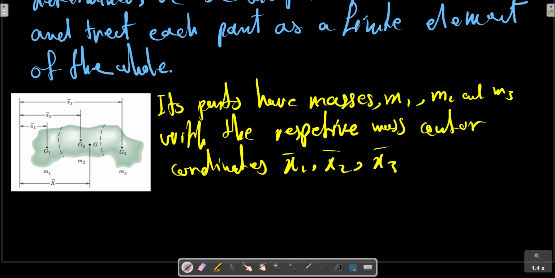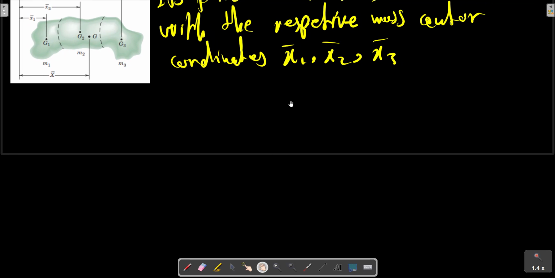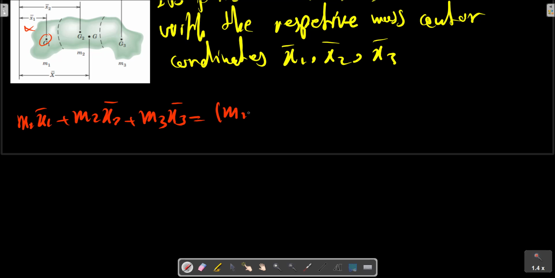So we can write this relation. For the moment in the x direction, the moment says that m1 x1 plus m2 x2 plus m3 x3 should equal the total mass, which is m1 plus m2 plus m3, multiplied by x bar.